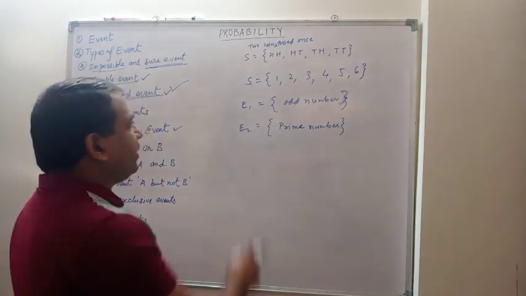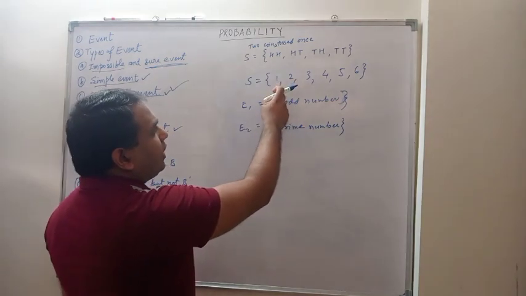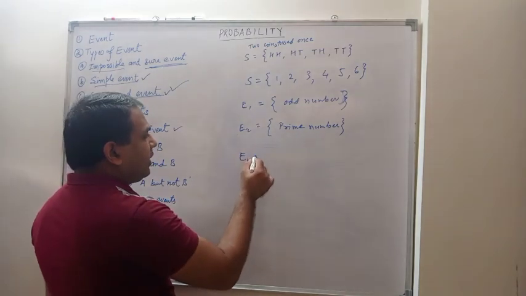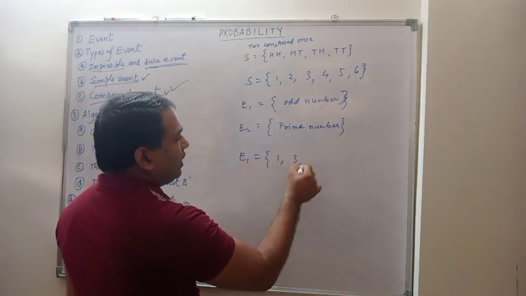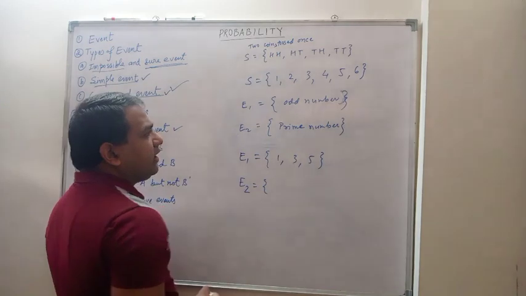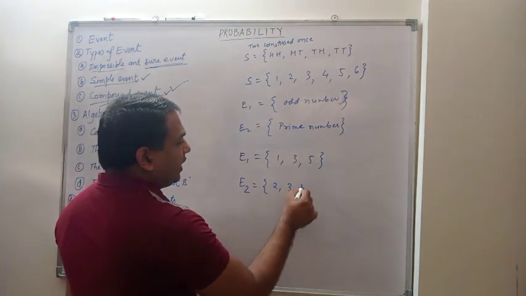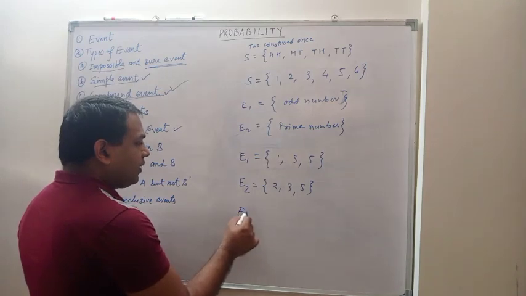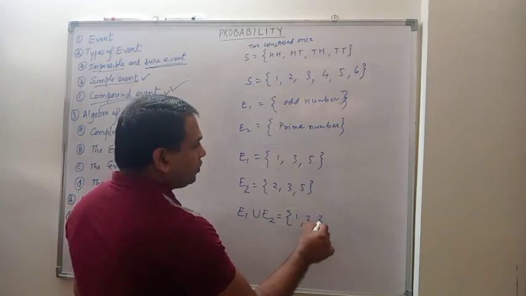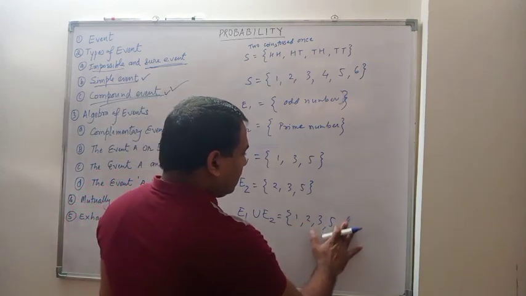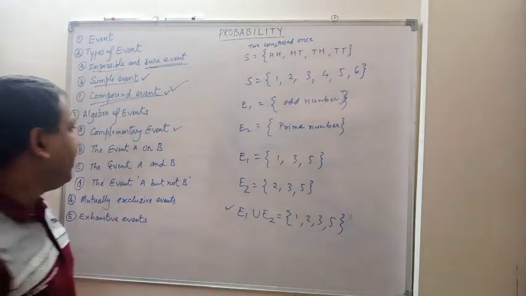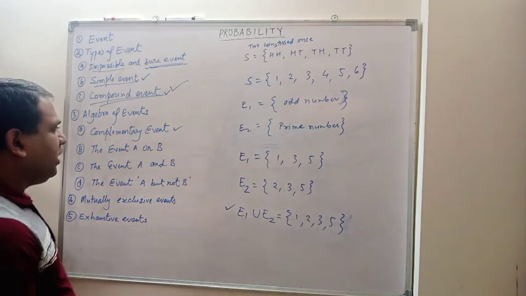Whenever we roll the die, E1 is 1, 3, 5, and the prime numbers are 2, 3 and 5. So E1 or E2 will give you 1, 2, 3, 5.